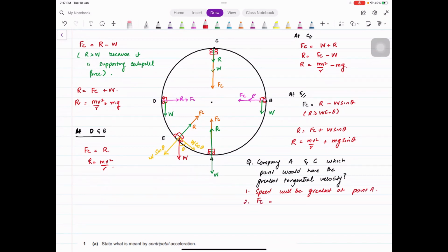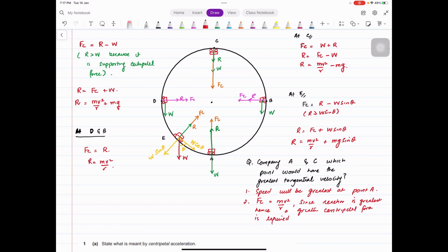Centripetal force is equal to mv squared over r, as you know. Since the reaction is greatest, hence a greater centripetal force is required, right?